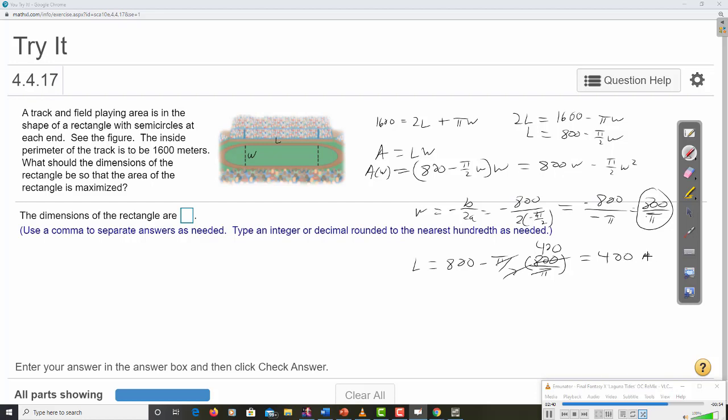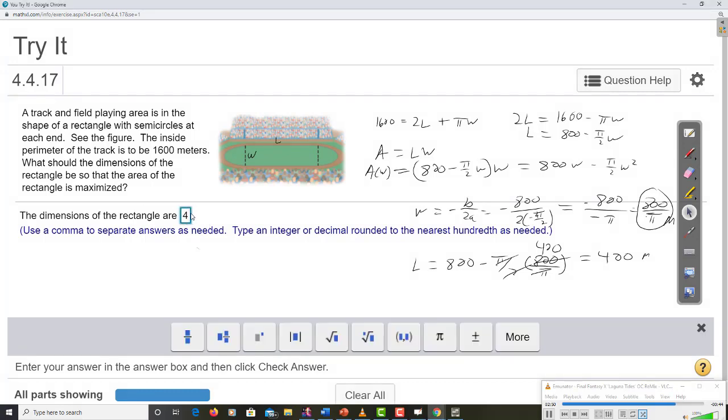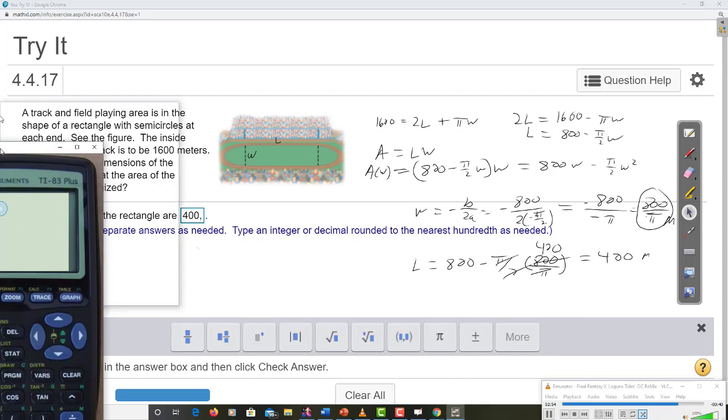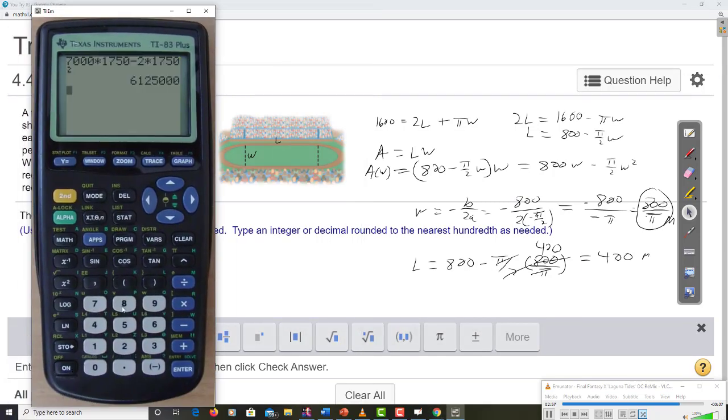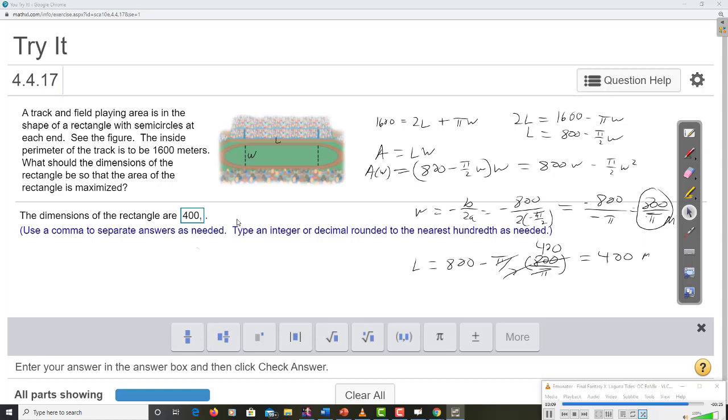So 400 meters, 800 over pi meters. So the dimensions would be 400, and we do a calculation of 800 over pi divided by pi. 254 rounded to the nearest hundredth, 0.65. 254.65.